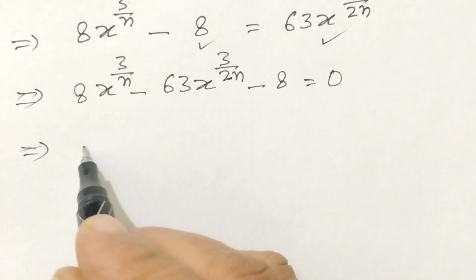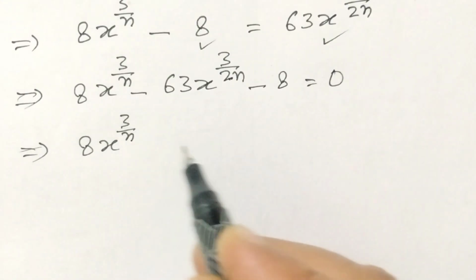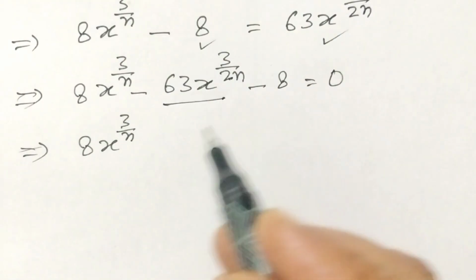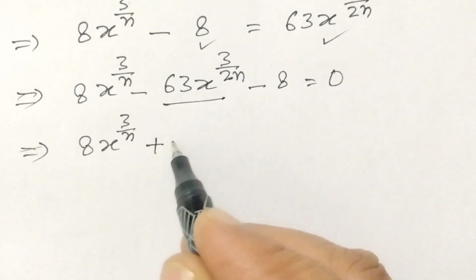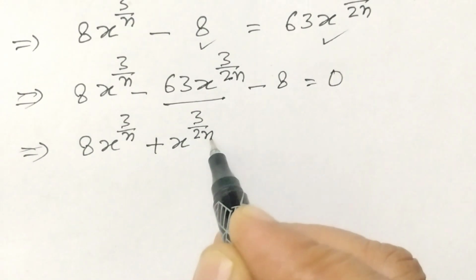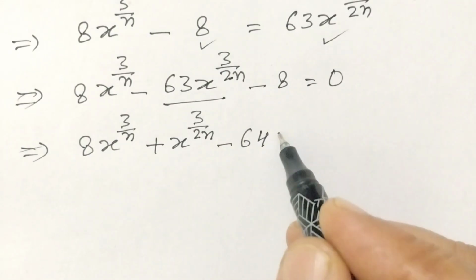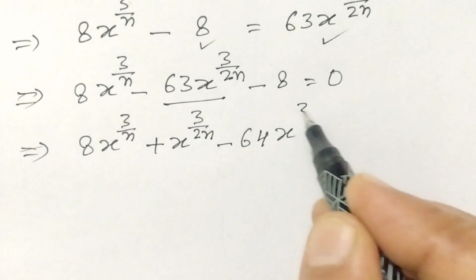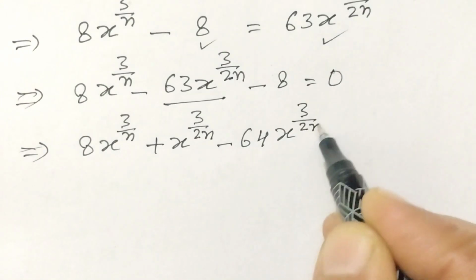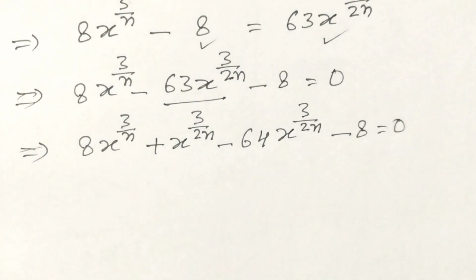So 8x^(3/n), and we will break this as plus x^(3/2n) minus 64x^(3/2n) minus 8 is equal to 0.